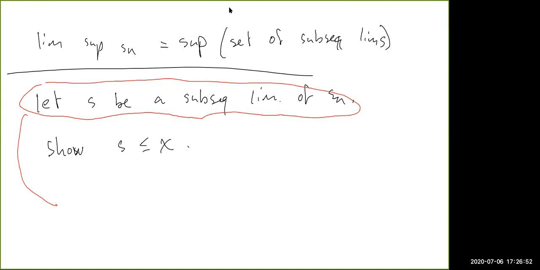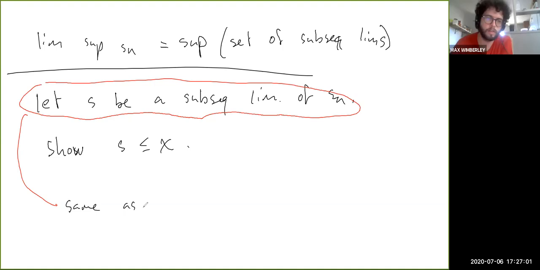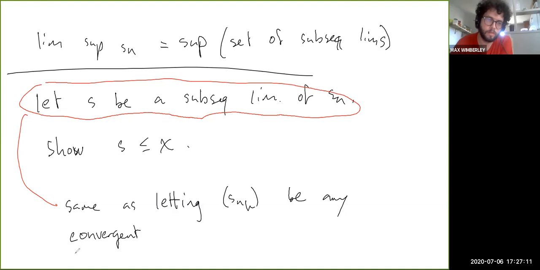So this is the same as letting Snk be any convergent subsequence, with key emphasis on convergent. Okay, got it. Very good.